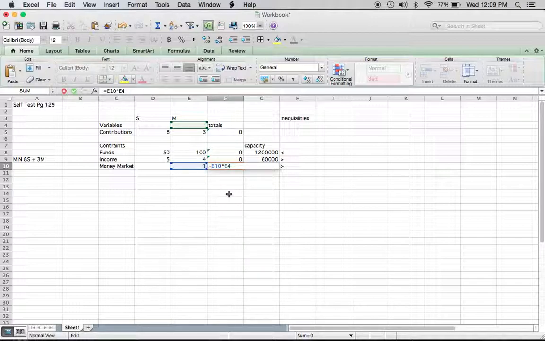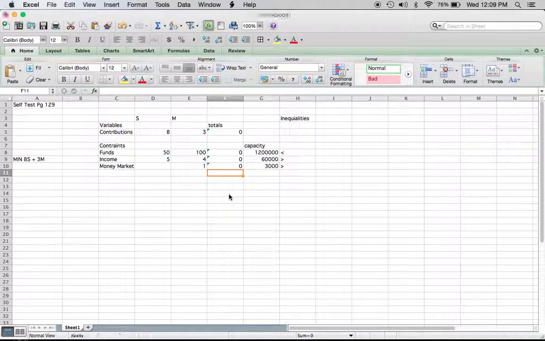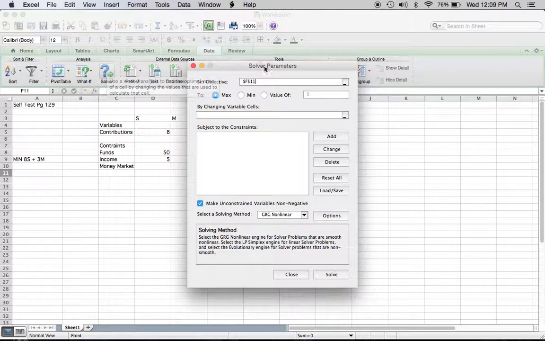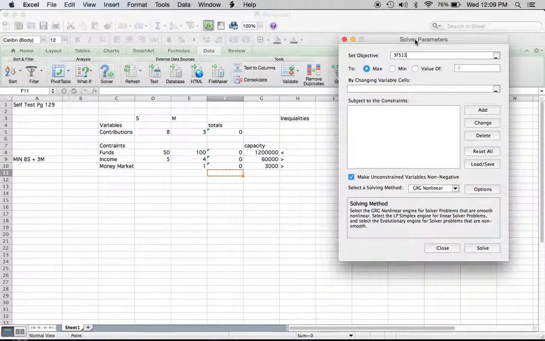So that looks pretty good. I'm going to go to my data tab, and I'm going to go to Solver. And it's looking for our objective. An objective. That means that one equation right here.